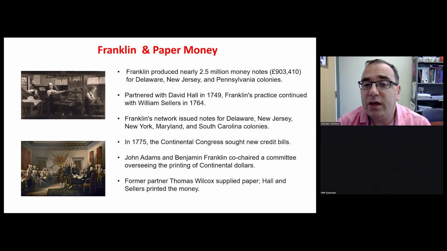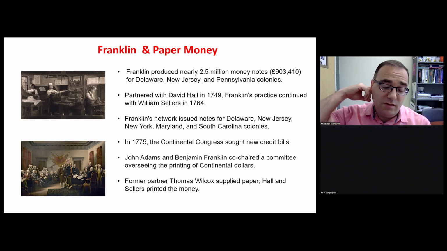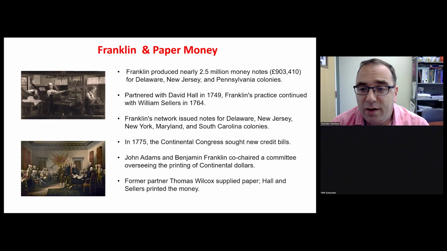Before retiring, he brought in a partner, David Hall, in 1749. When he retired from business, he sold his share to William Sellers. And these Hall and Sellers, and eventually I think their sons, became one of the main money printers in the entire colonial America and later on.